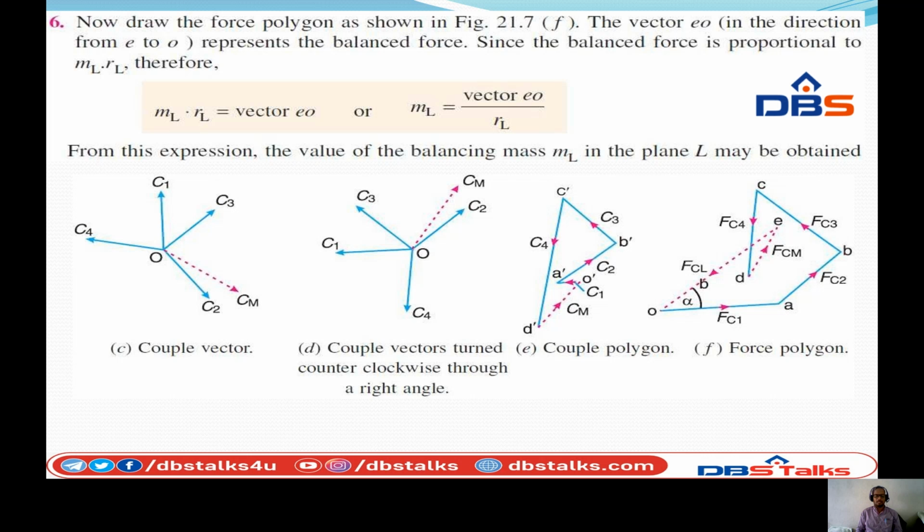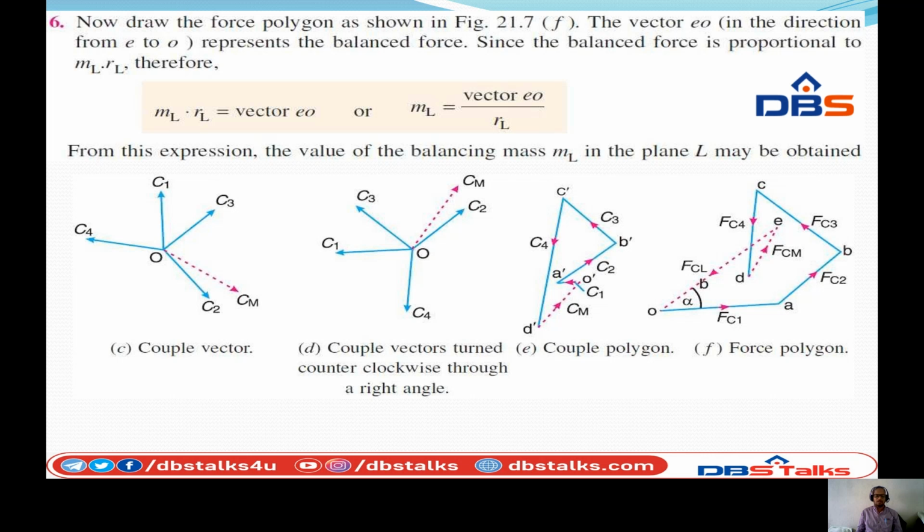Therefore ML is equal to the vector EO divided by RL. These equations will give the balancing mass in plane L and its angle of inclination alpha to the horizontal.